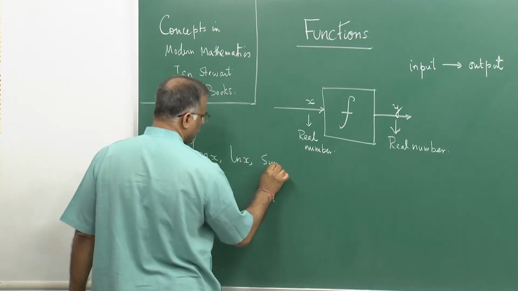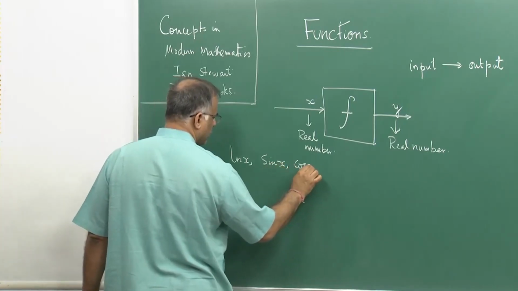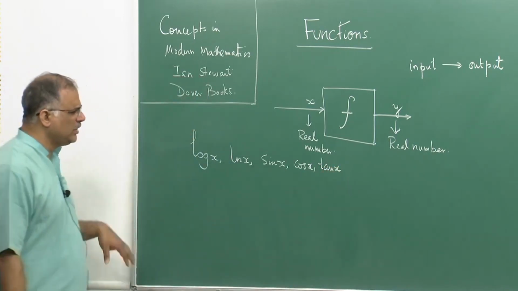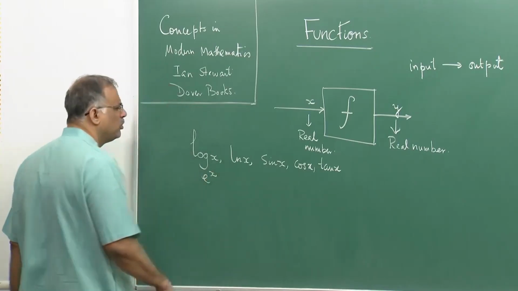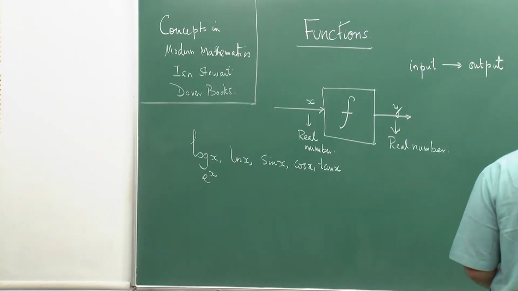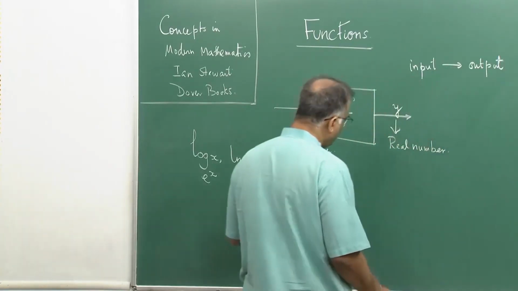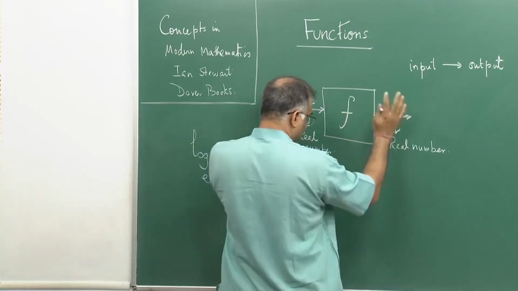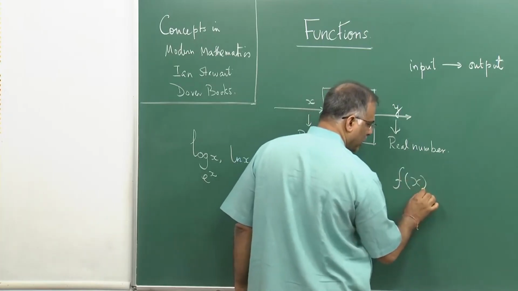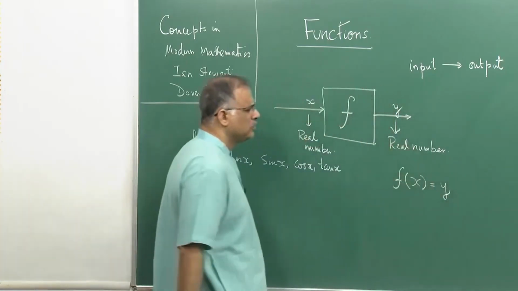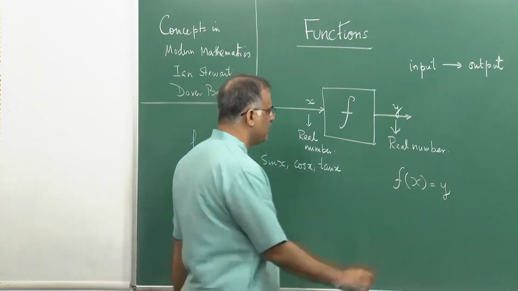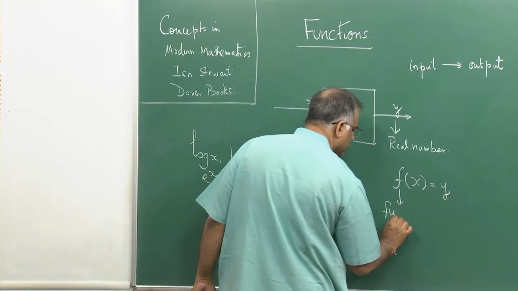You have seen, if you take up a calculus book, these are the common functions which you will keep seeing, and so forth. These are the most used functions in calculus, for example. So, what we say is how do we describe this whole procedure. Here is an input on which the machine f acts and gives me a unique output. So, when the machine f acts on x, it gives me the output y. This machine f is what we call a function.